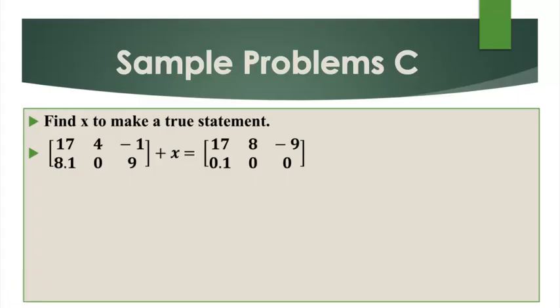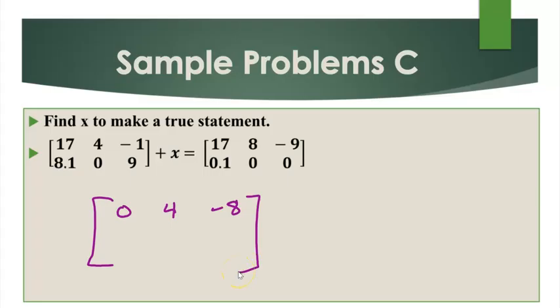Next, we're going to find out what x would be here. So we need to have 17 plus what gives you 17. That would be 0. 4 plus what gives you 8. That would be 4. Negative 1 plus negative 8 would give you negative 9.